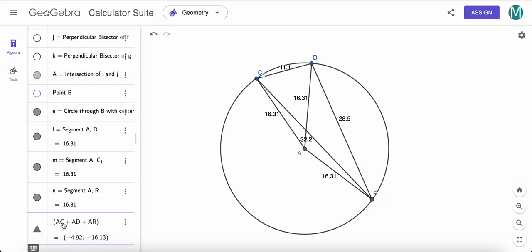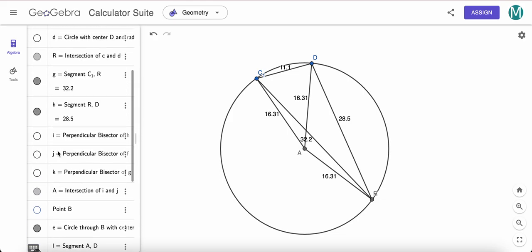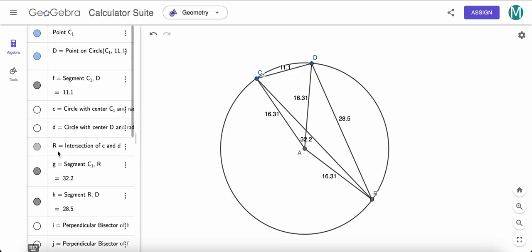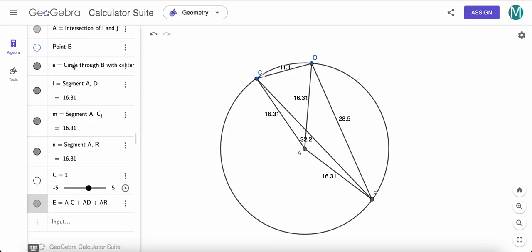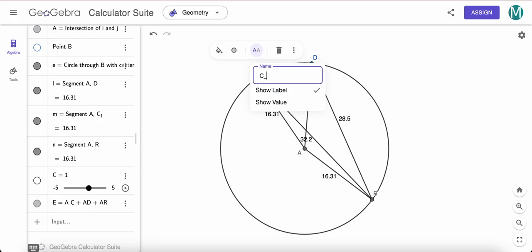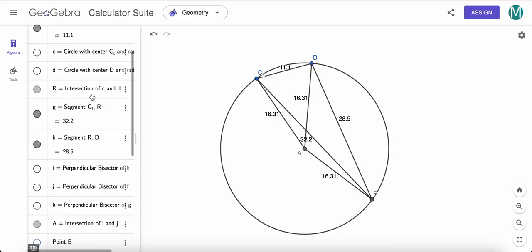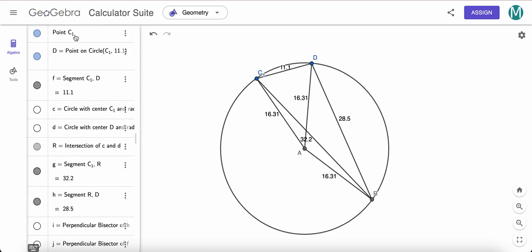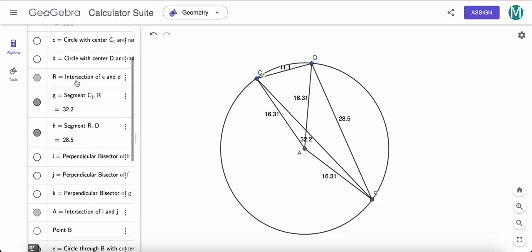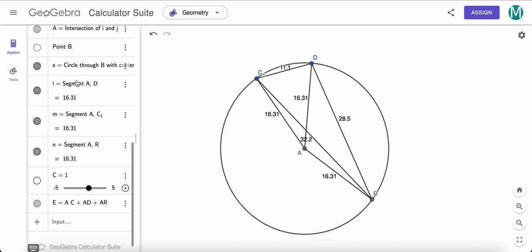And from here, I think there's a problem. That is not C1. Let's make it C. Why is it? I think there's a point which is hidden. Yeah, that one.